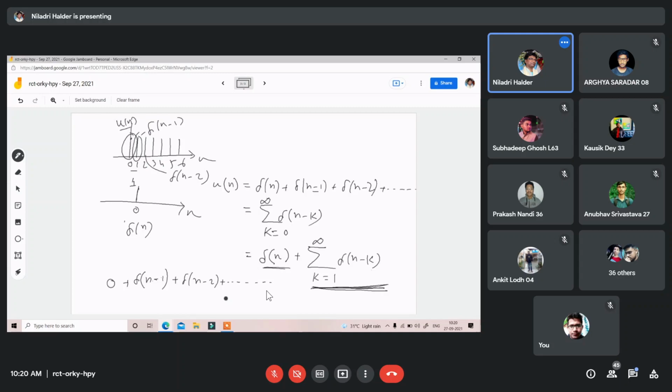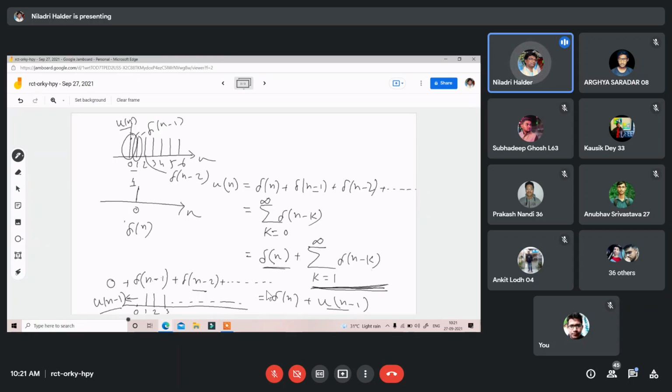Means simply if you plot it, 0th position gives you 0, delta n minus 1, that one peak you are getting at 1, at 2 next peak you are getting, at 3 next peak you are getting. In that way you are getting the values. So that value start from 1, so obviously that provides you u n minus 1. So delta n plus u n minus 1.